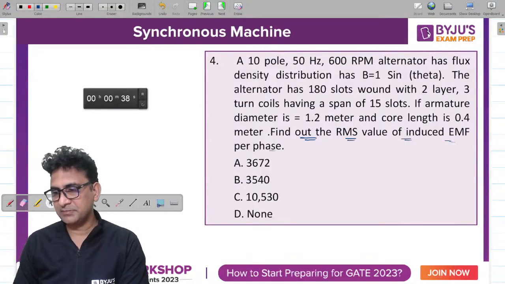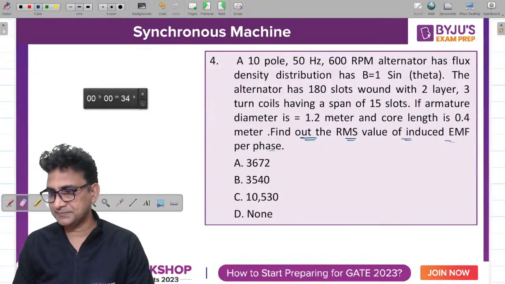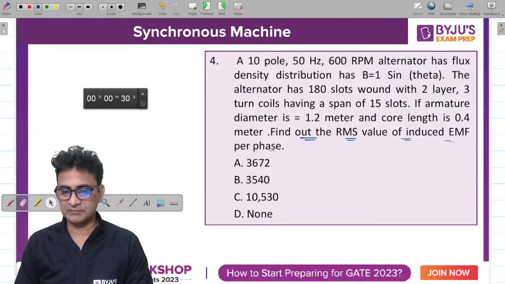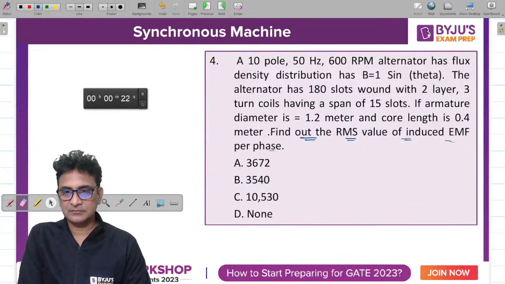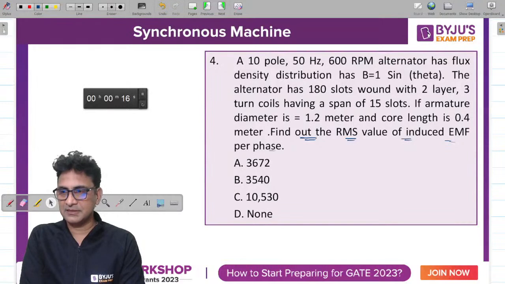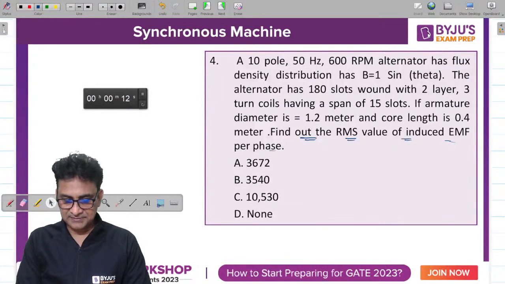I also take the power system, power electronics and electrical machine. A3672. $3539.